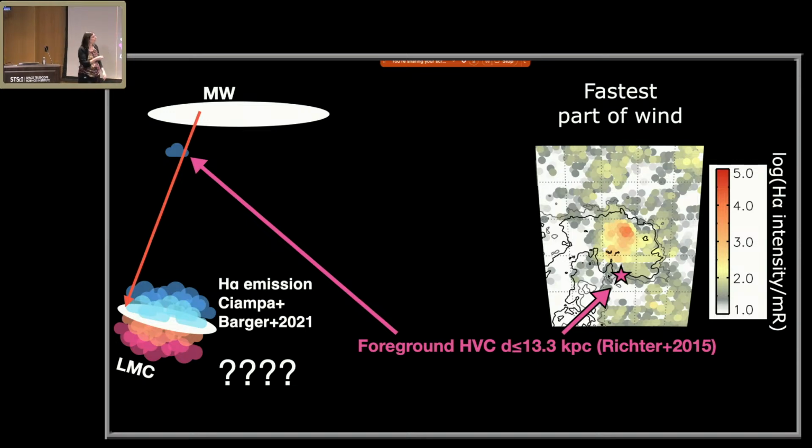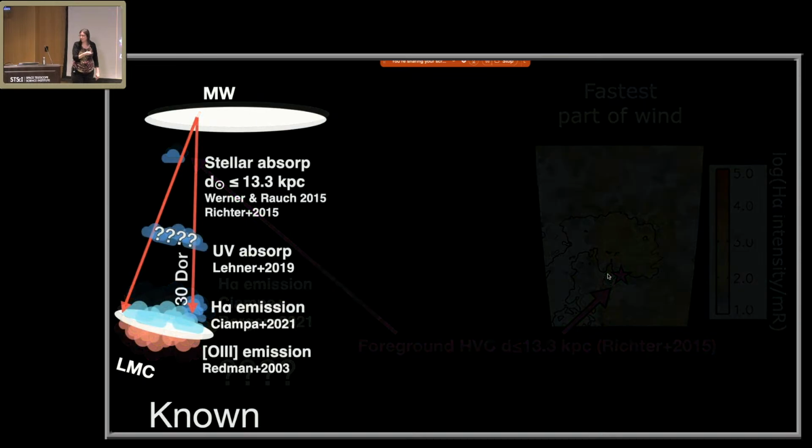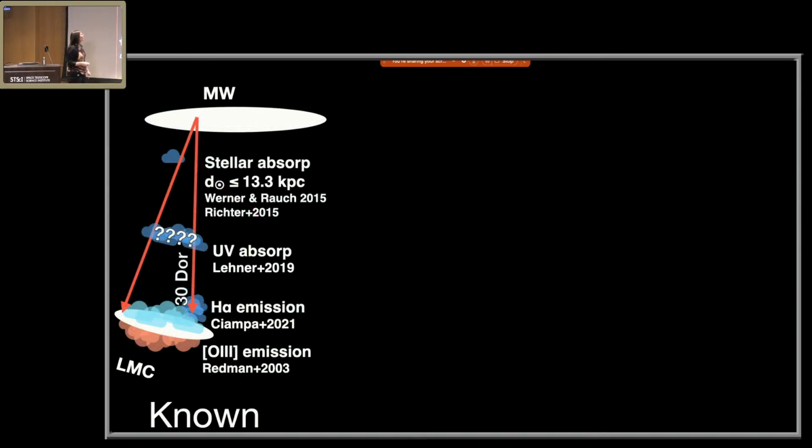All right, so to me, there's a couple of different scenarios. Okay, so here's the information that we know. We have the Milky Way over here. We have the stellar absorption feature that tells us that there is high velocity gas in this direction towards the edge. We have 30 Doradus over here, which tells us there is fast-moving gas associated with the wind.